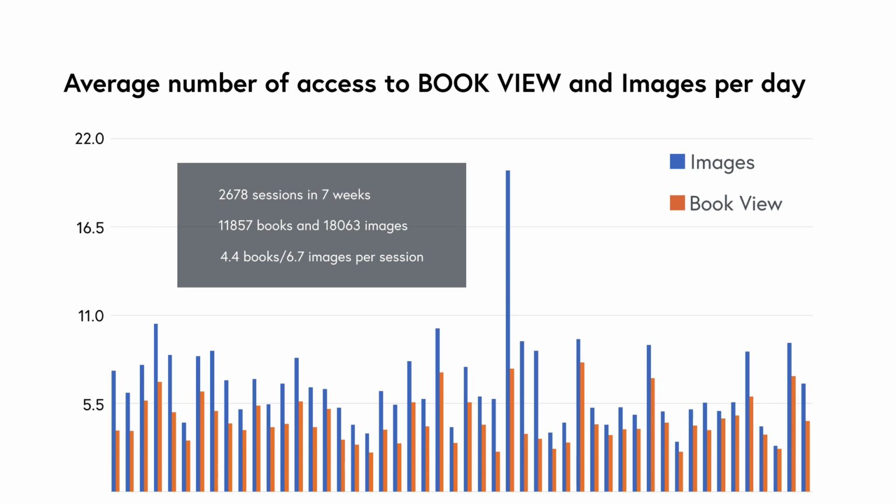As for book view, there were about 2,600 sessions in total, with access to 12,000 books and 18,000 images. And the average access number to book view and images per day were 4.4 books and 6.7 images.